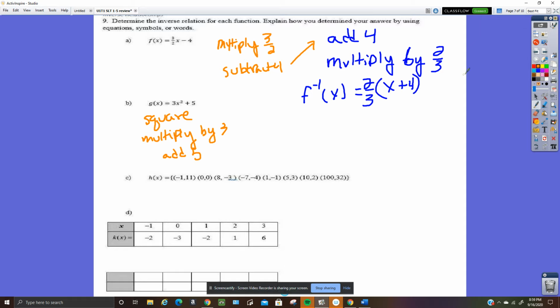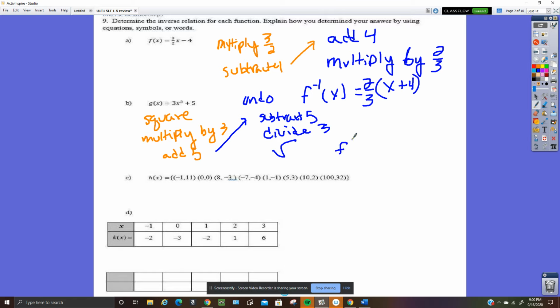Then the undo, starting up here, would be subtract 5, and then divide by 3, and then square root.